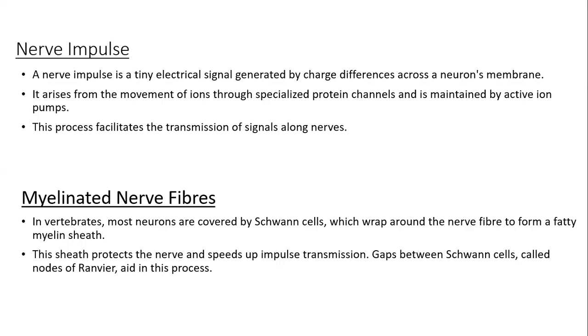No, invertebrates do not have the myelin sheath. Only the vertebrates have it. Why is that? Because this myelin sheath is an insulating layer. This is produced by the Schwann cells, mainly in the peripheral nervous system.